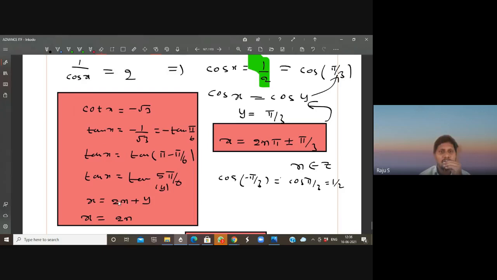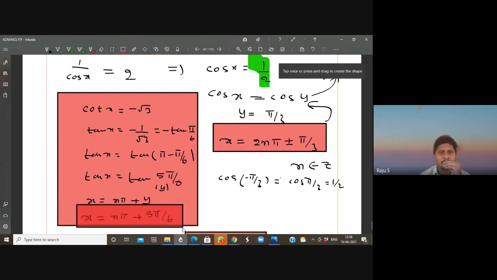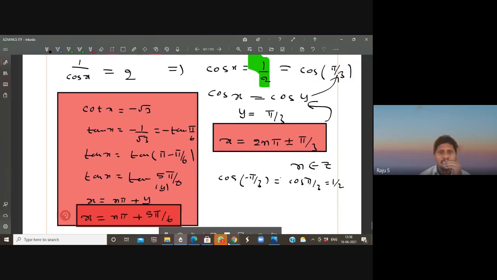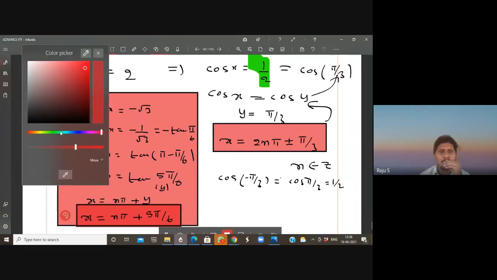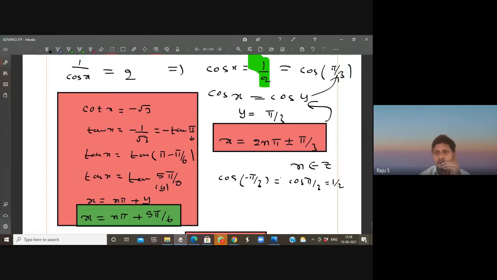Remember students, very important: this general solution, n pi plus 5 pi by 6, will give the general solution of cot x is equal to minus root 3.